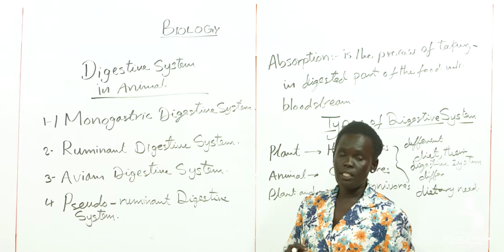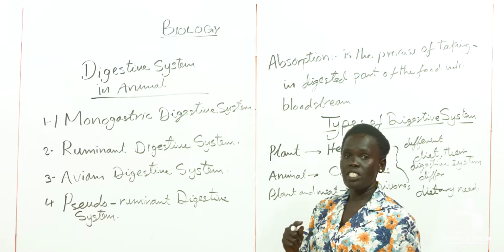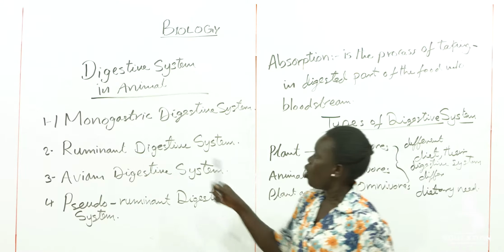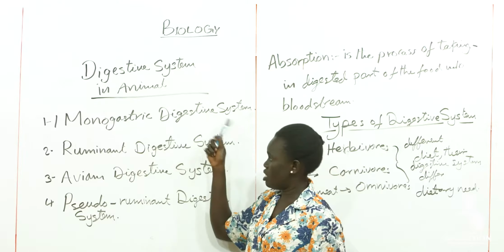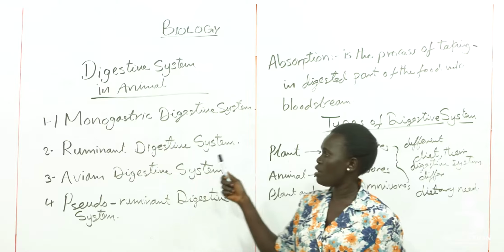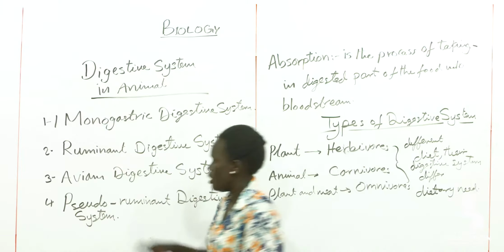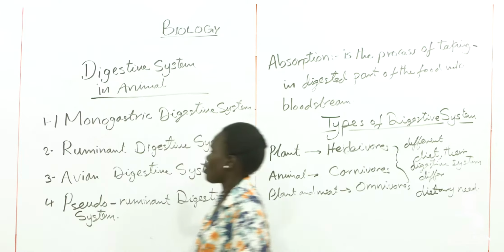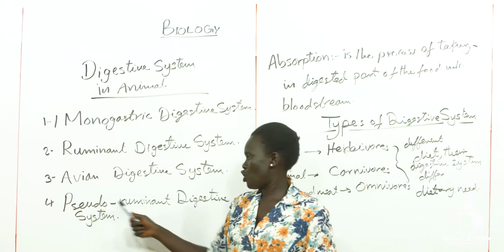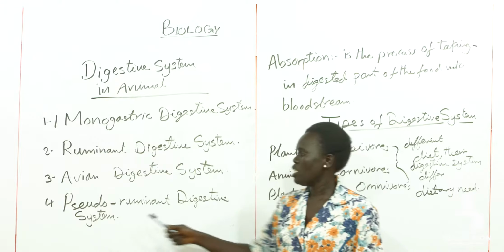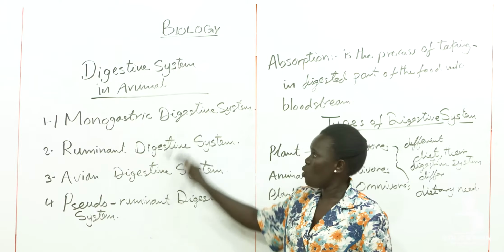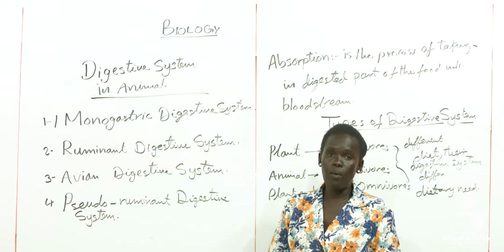As a result, the digestive systems also differ. Monogastric, ruminant, avian, and pseudo-ruminant digestive systems will be discussed one by one.